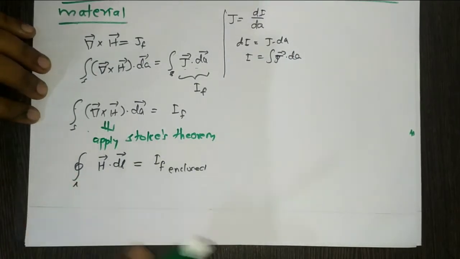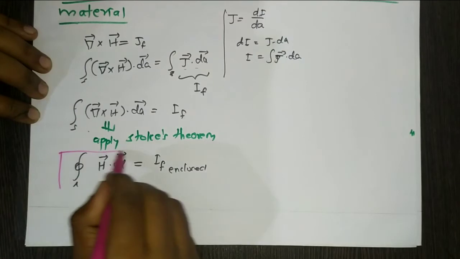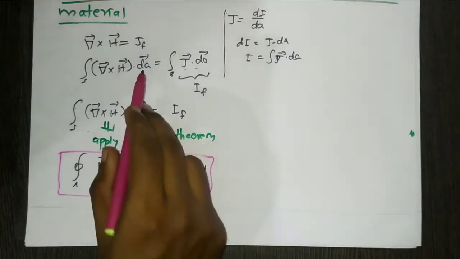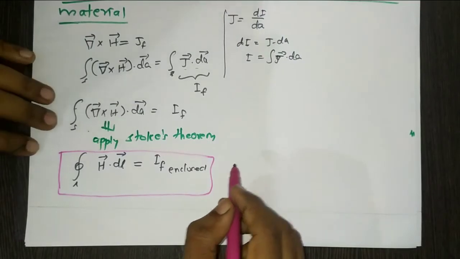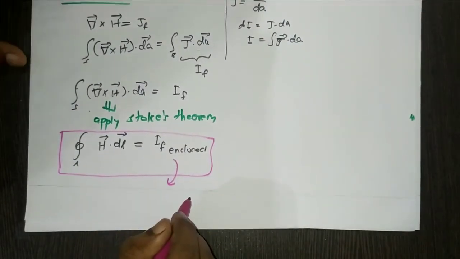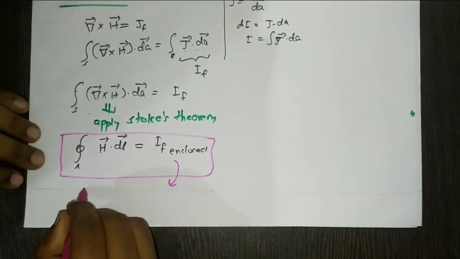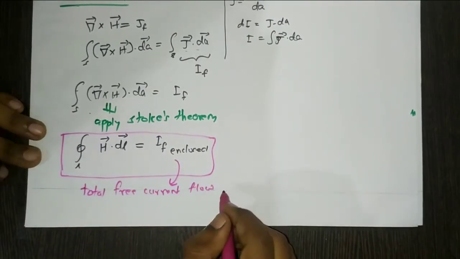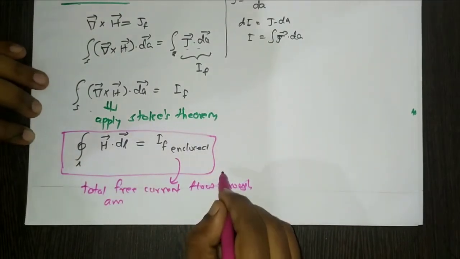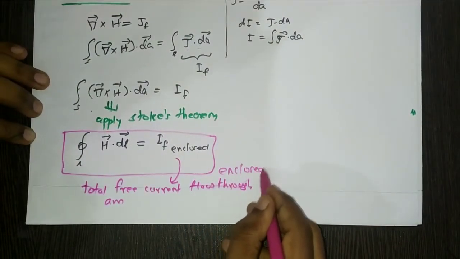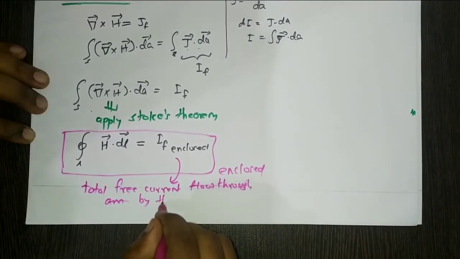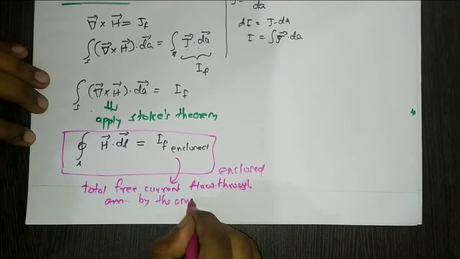We can say this is the integral form of Ampere's law in a magnetized material. This is the total free current enclosed by the Amperean loop.